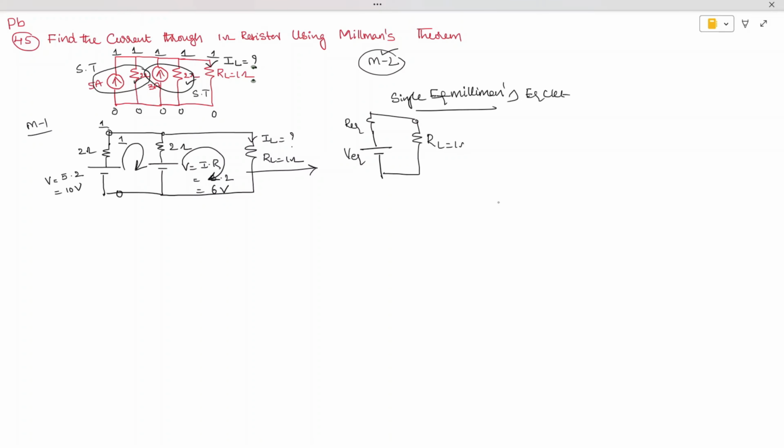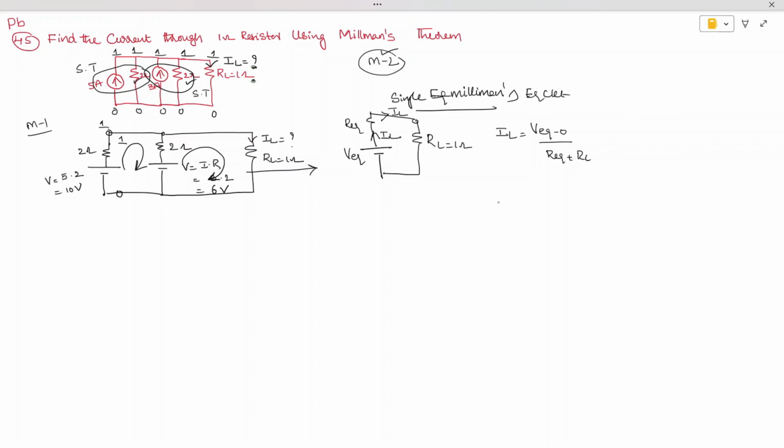Given in the problem it is 1 ohm, and we need to find the current IL. How to find the current IL? The IL is the current that flows through R equivalent and RL. Therefore IL is equal to V equivalent minus 0 divided by R equivalent plus RL.